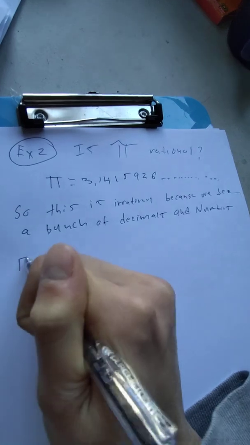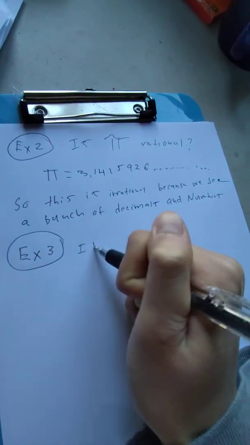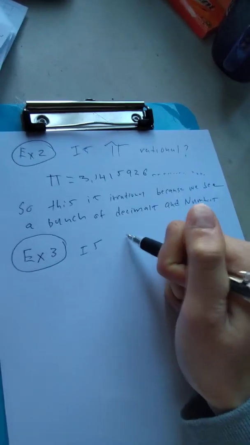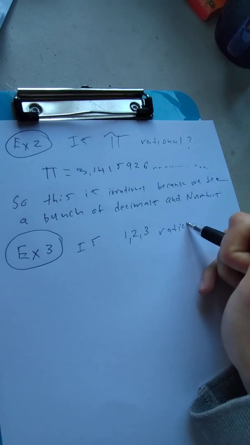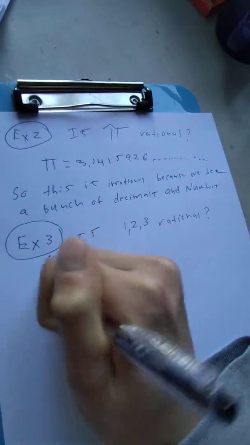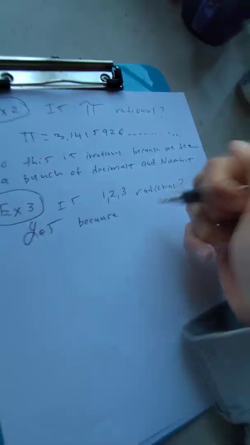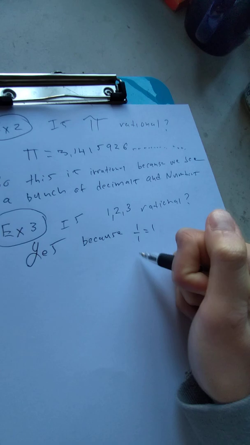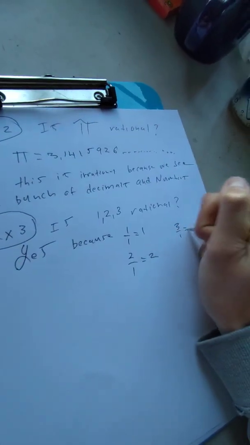So now we present example 3. Is 1, 2, 3 rational? Well, it is rational. We say yes, because basically 1 over 1 equals 1, 2 over 1 equals 2, 3 over 1 equals 3.